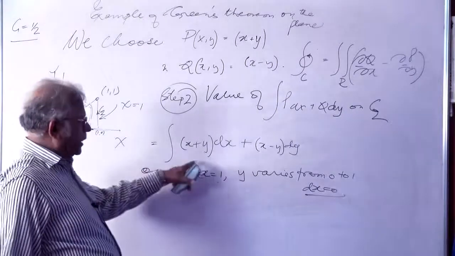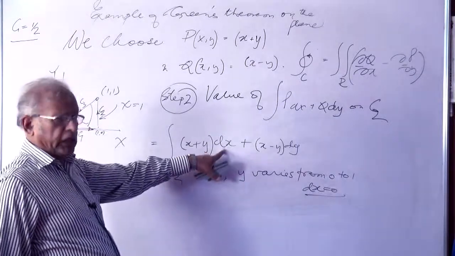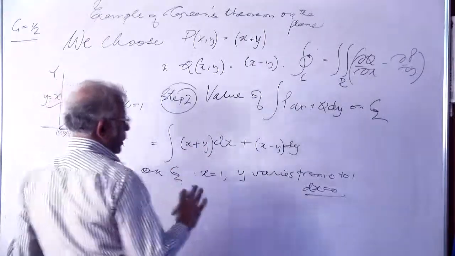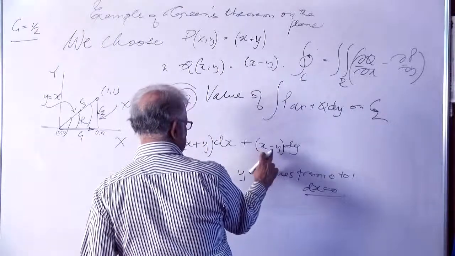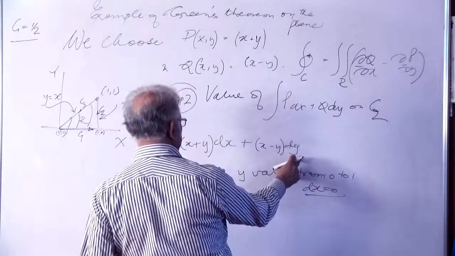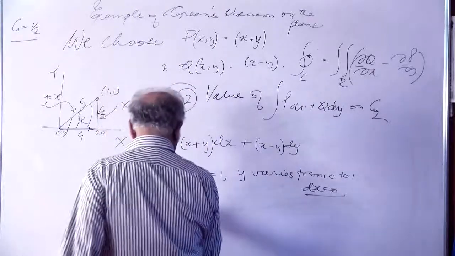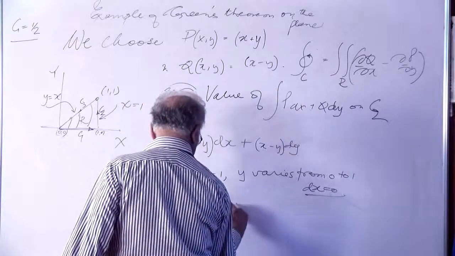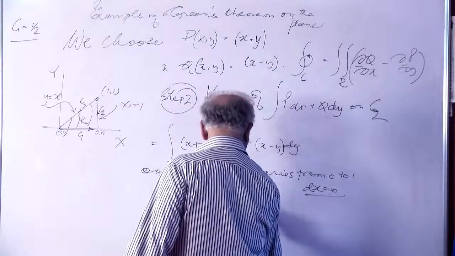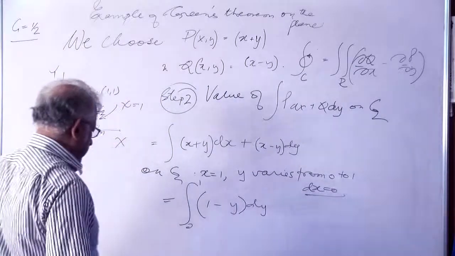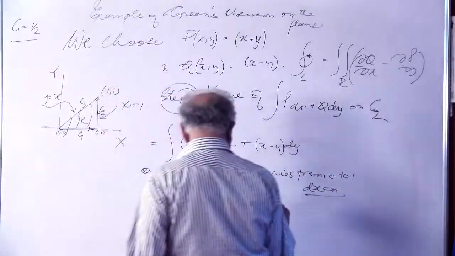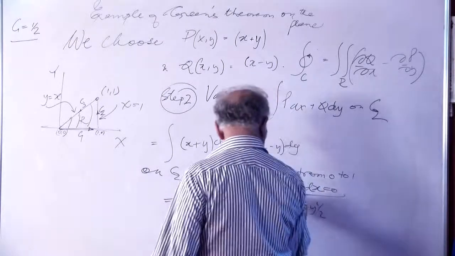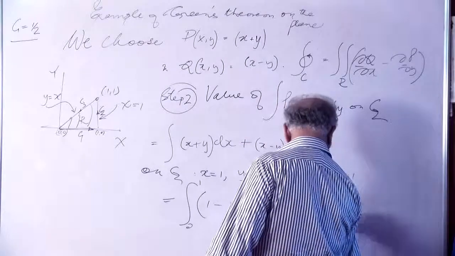So the first part of the integral will vanish anyway because there is no change in the value of x. So dx is 0, and all we are left with is 1 minus y dy, and y varying from 0 to 1. So this reduces to the integral from 0 to 1 of 1 minus y dy. Now this can be integrated to y minus y squared by 2, limits 0 to 1.